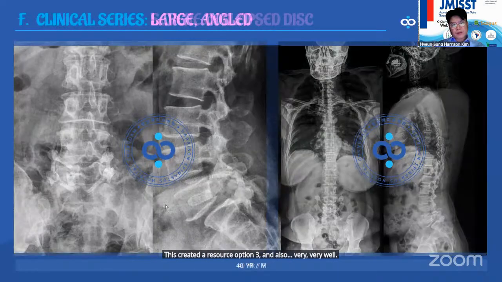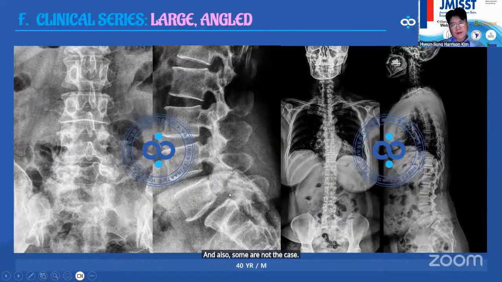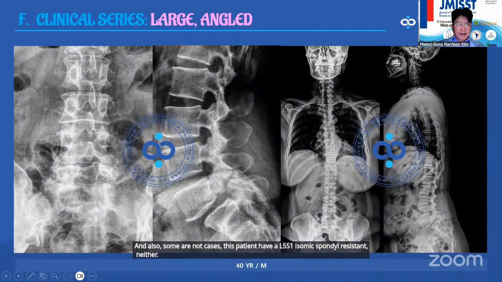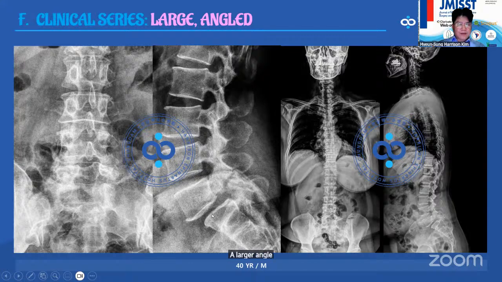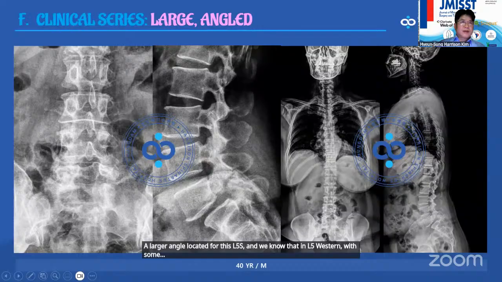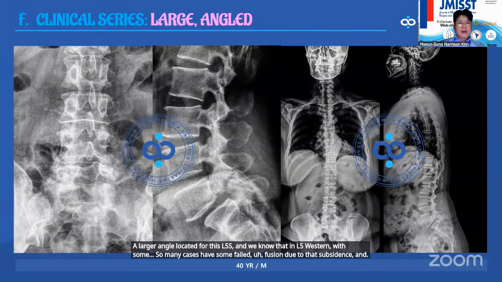And also in another case, this patient has an L5S1 isthmic spondylolisthesis that needs a large angle cage for L5S1. We know that many L5S1 cases have failed fusion due to subsidence and some loss of spinal alignment.